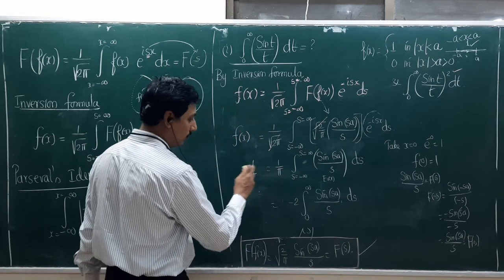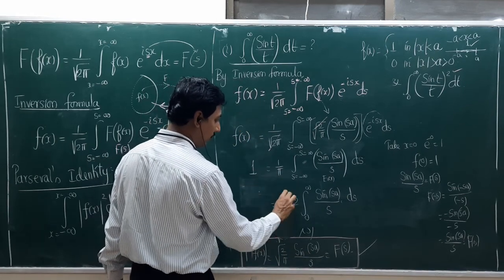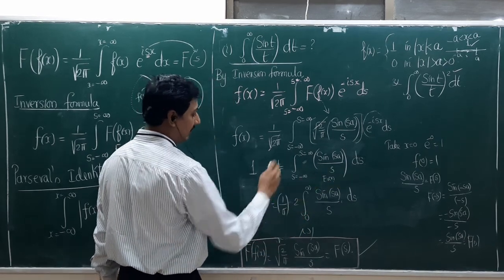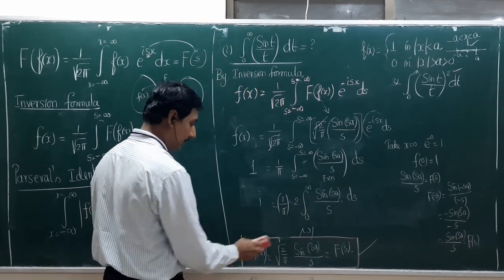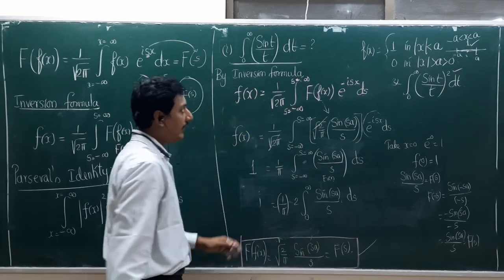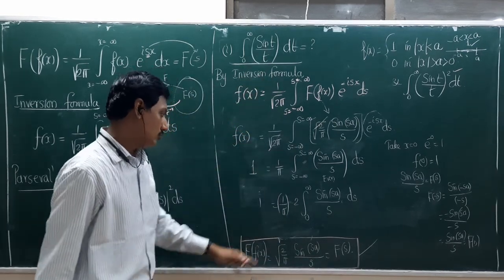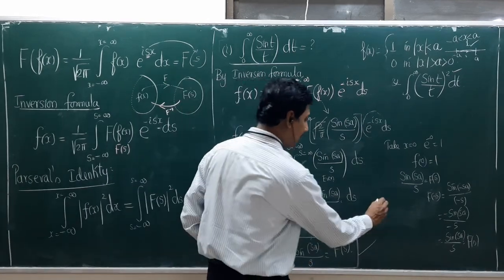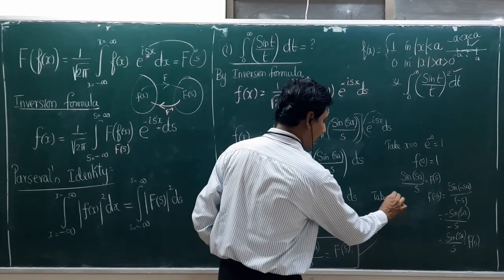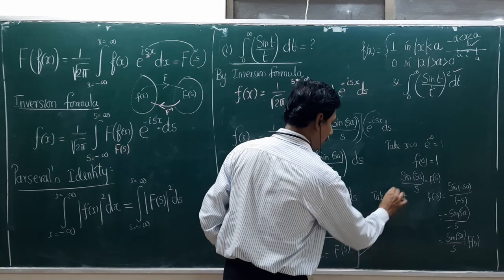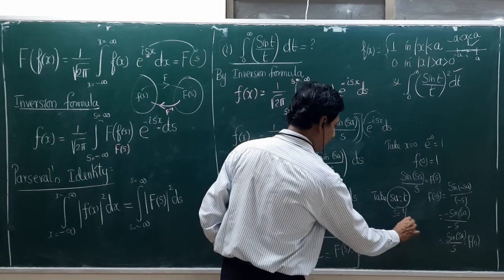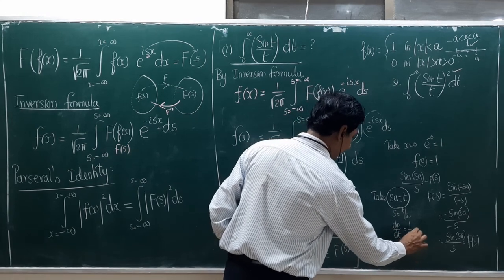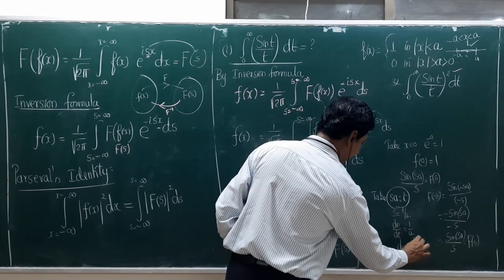So it is 1 by pi into 2 times. Why do we write this twice 0 to infinity? Due to the even function. Now I still don't get my requirement t here. So take sa equal to t. Then s is equal to t by a, and ds by dt is 1 by a, otherwise ds is equal to dt by a.